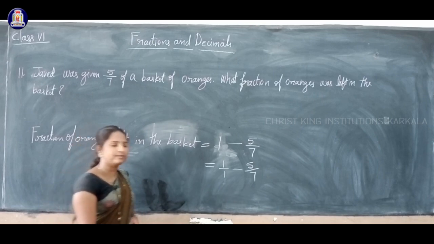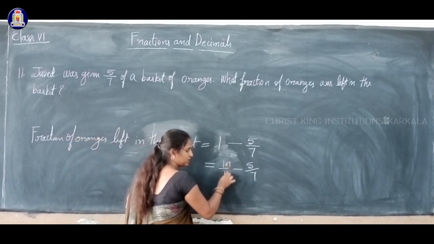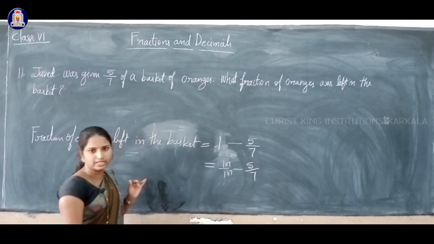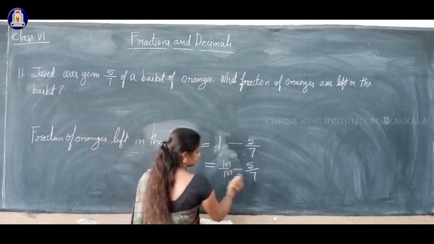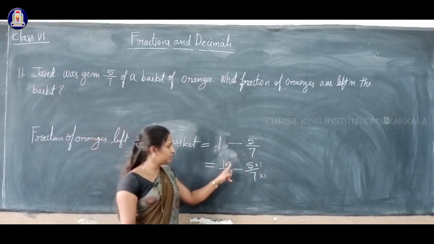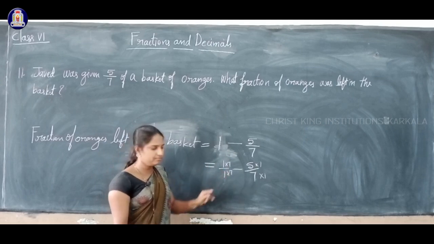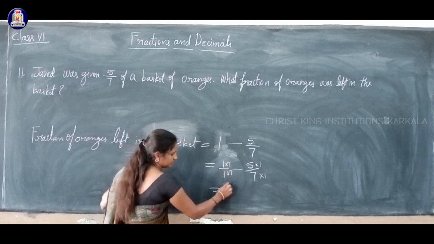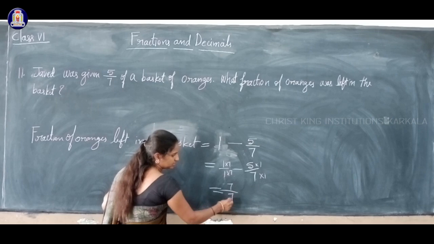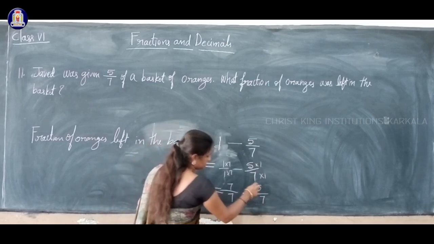The denominator is 7, so multiply 7 to both numerator and denominator. 1 7s are 7, minus 5 1s are 5 and 7 1s are 7.